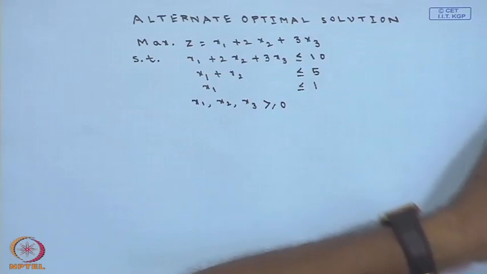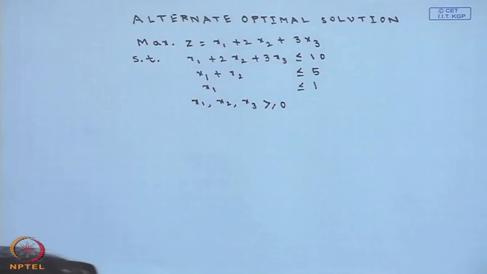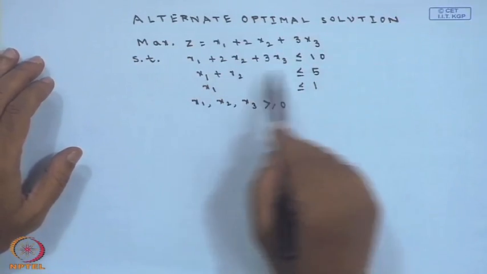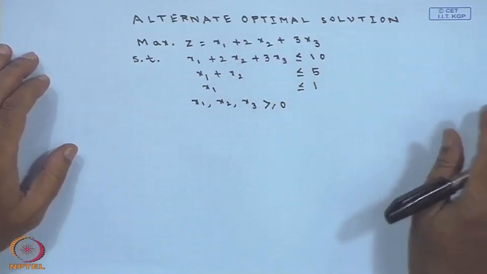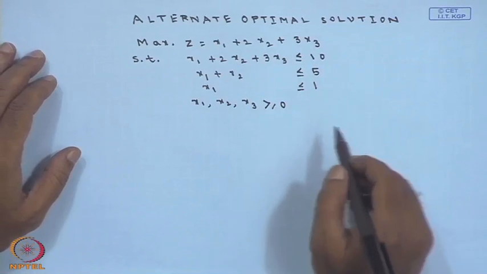Please note one thing: in this particular example, one of the constraints is parallel to the objective function. We will discuss this after some time.